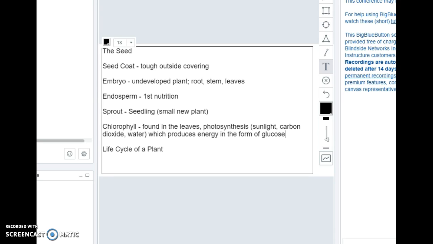When we're talking about the life cycle of a plant, we've gone from a seed to a seedling to a mature plant, which produces buds or pods.